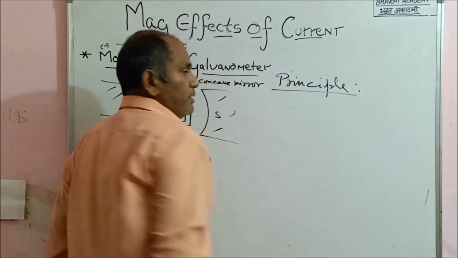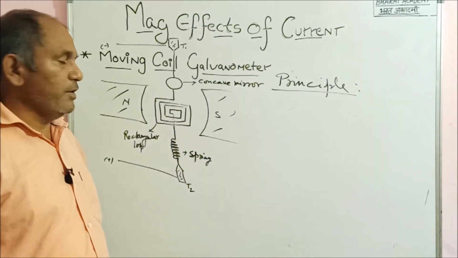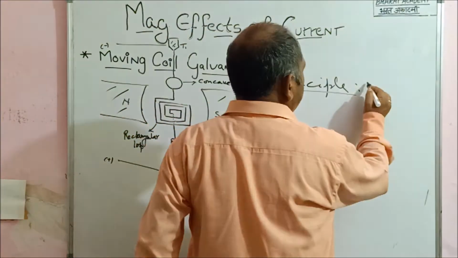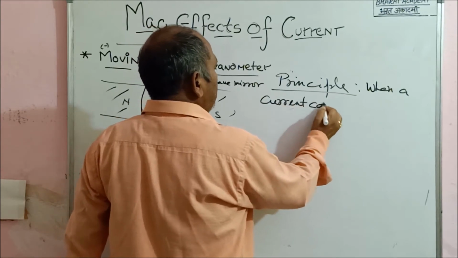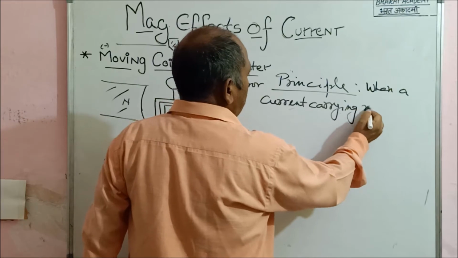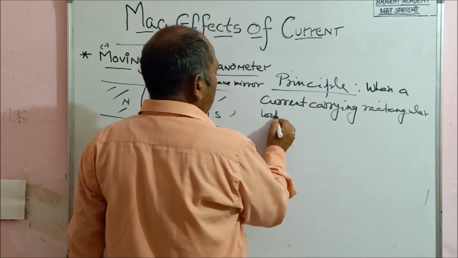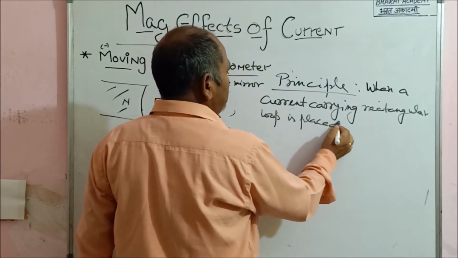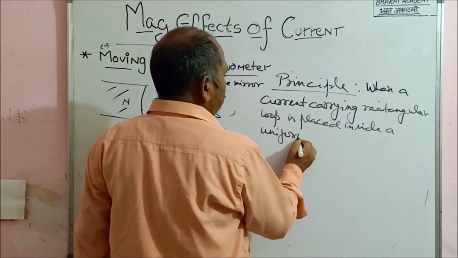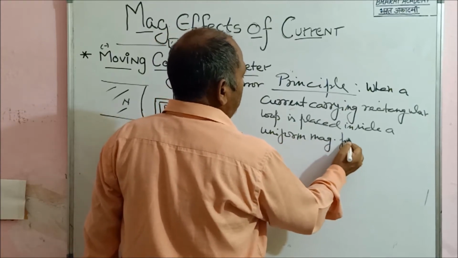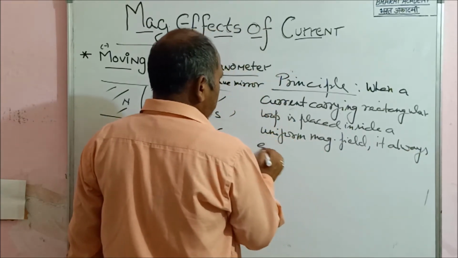That it is simply based on the principle that when a current-carrying rectangular loop, we did that article, is placed inside a uniform magnetic field, it always experiences a torque.